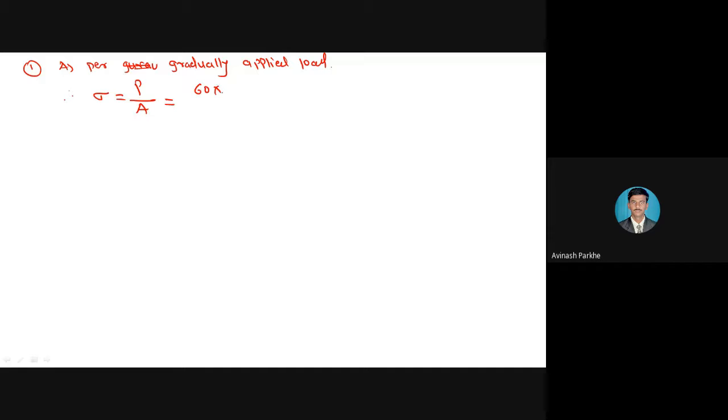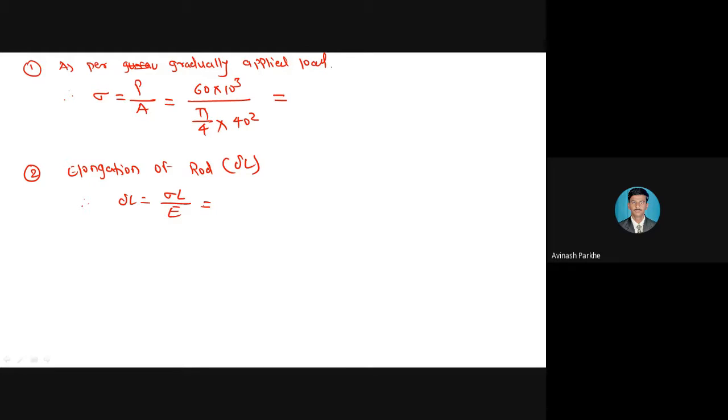P is given as 60 into 10 raised to 3, divided by area pi by 4 into d square, that is 40 square. So what will be the stress value? Please do the calculation and tell me the stress value. Then the elongation of rod, delta L, is equal to sigma L upon E.